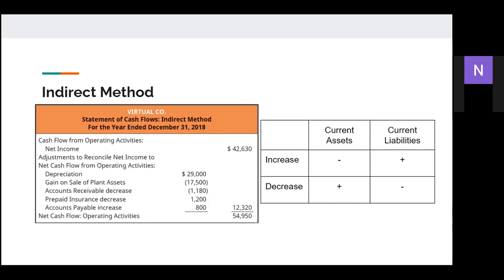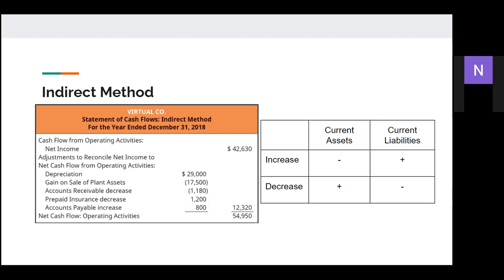The adjustment begins with profit, followed by the addition of expenses and charges that did not entail cash payments. So ang makikita mo dito sa indirect method is ang first na nakalagay is yung net income. Then next yung mga adjustments niya, yung mga non-cash transactions that did not entail cash payments.